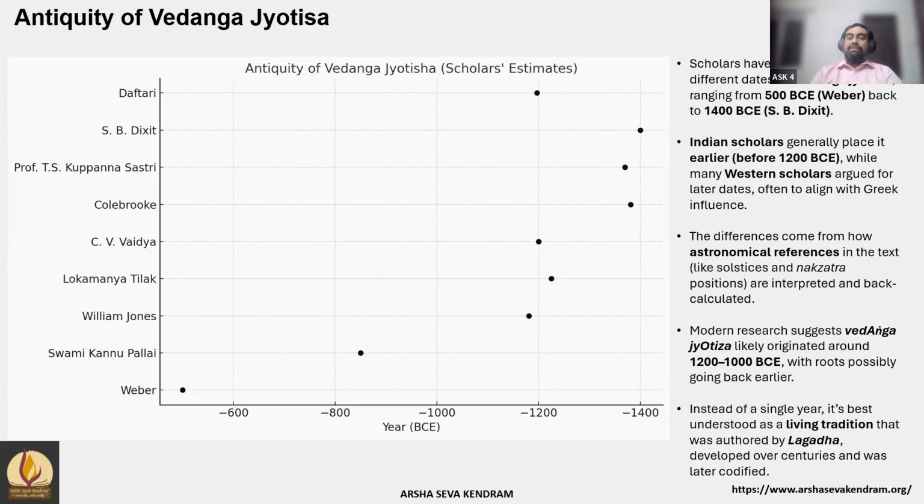The interpretations of the slokas present in Vedanga Jyotisha cause these variations. So we talked about that. Generally, the current understanding is it's somewhere between 1200 to 1000 BCE, accepted for all practical purposes.